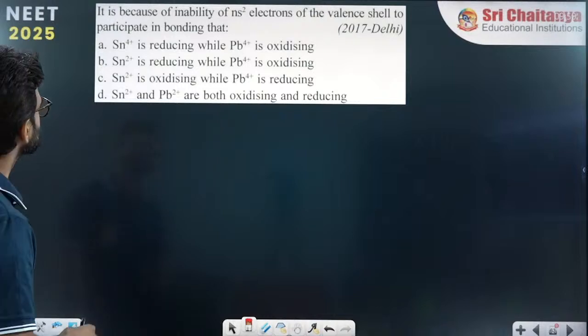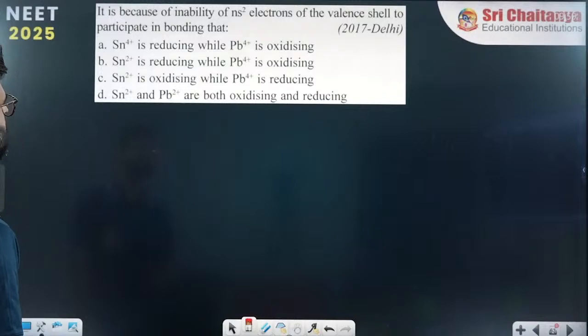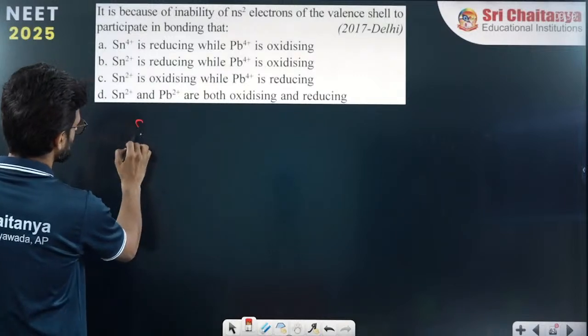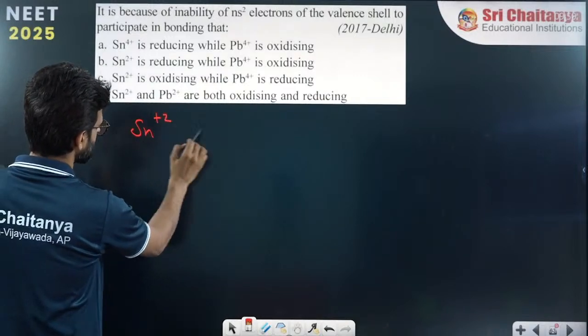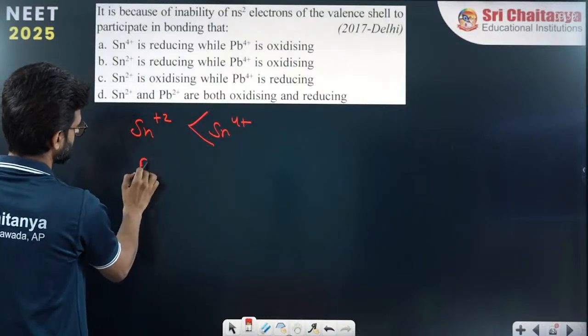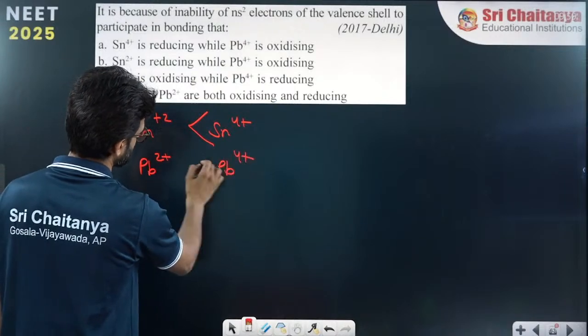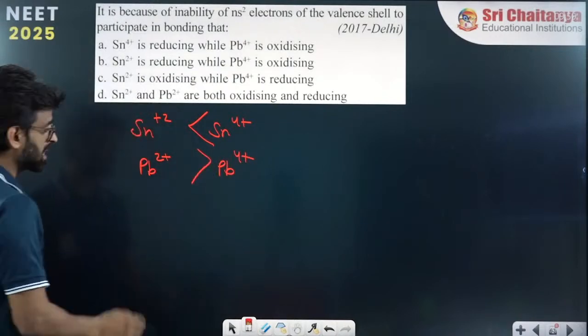It is because of the inability of ns2 electrons, they are talking about here the inert pair effect, right? That's why you should remember, out of Sn plus 2 and Sn plus 4, Sn plus 4 is more stable. Whereas in Pb plus 2 and Pb plus 4, Pb plus 2 is more stable. Inert pair effect we are discussing here.